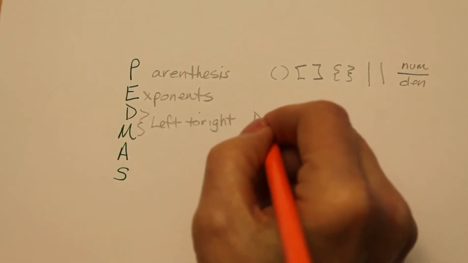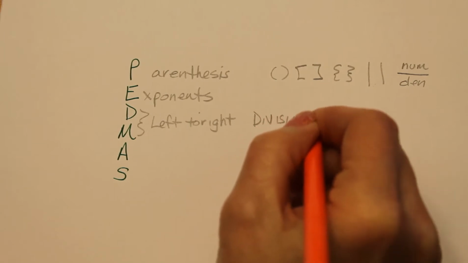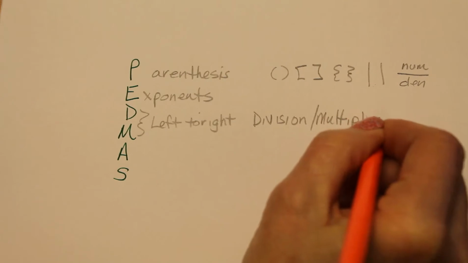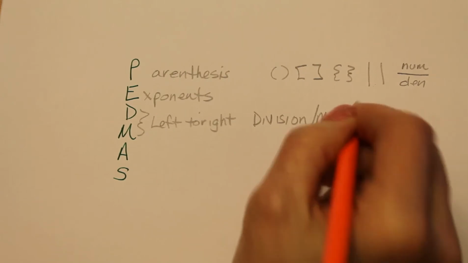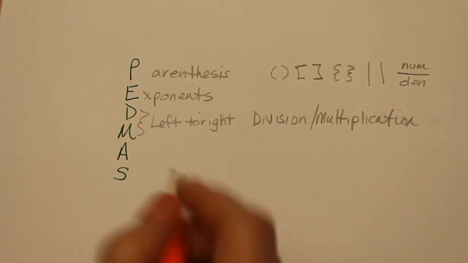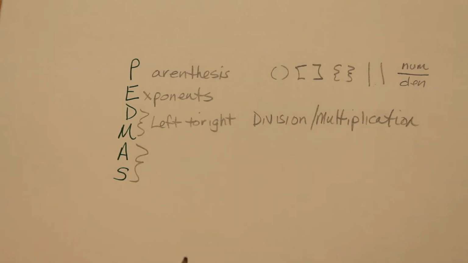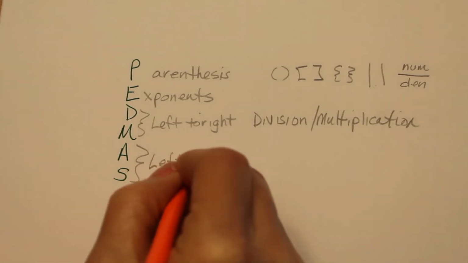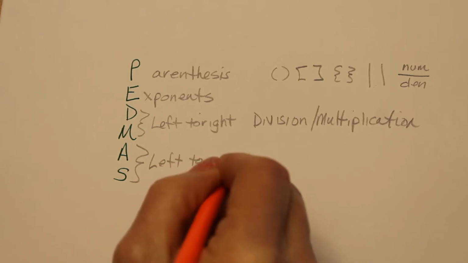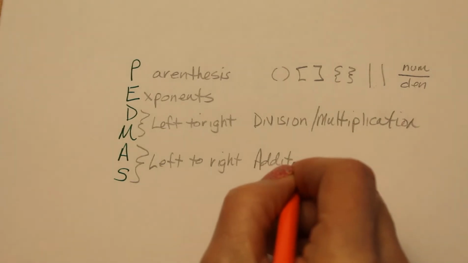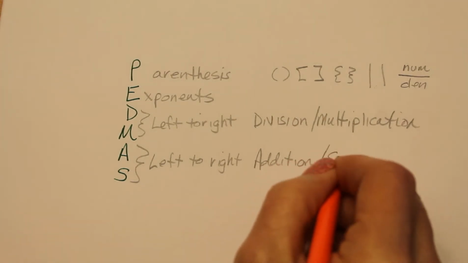Once there are no more exponents, from left to right, you do division and multiplication. Once all the division and multiplication is performed, all that's going to be left in your expression is addition and subtraction. So from left to right, you do addition and subtraction.